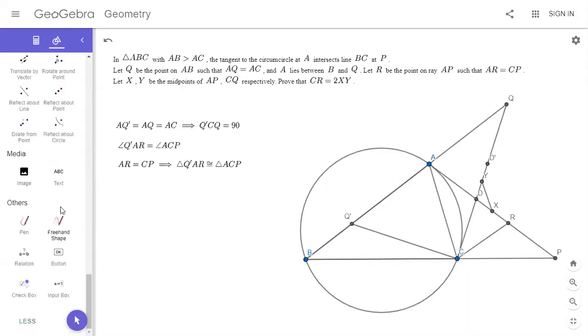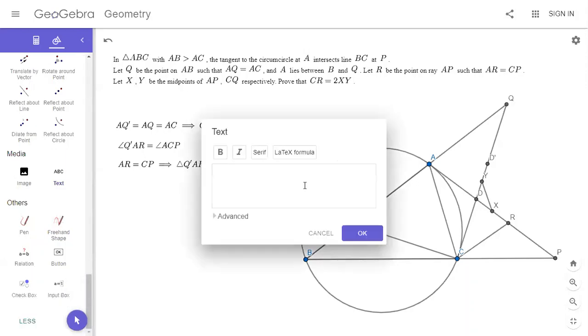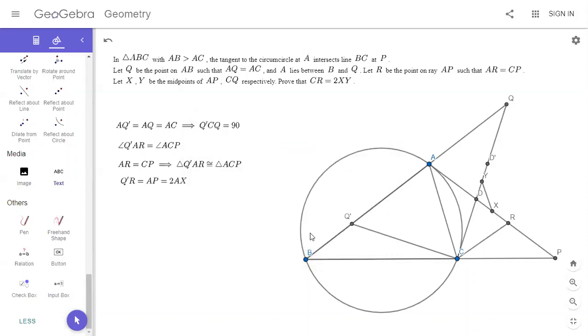So I'm going to finish writing out what Timo had to say. So because these triangles are congruent, we have Q prime R is equal to AP, which is equal to 2 AX. And then also Q prime C is equal to 2 AY.